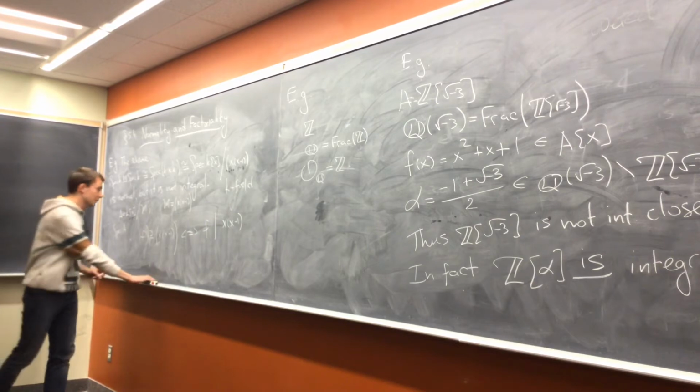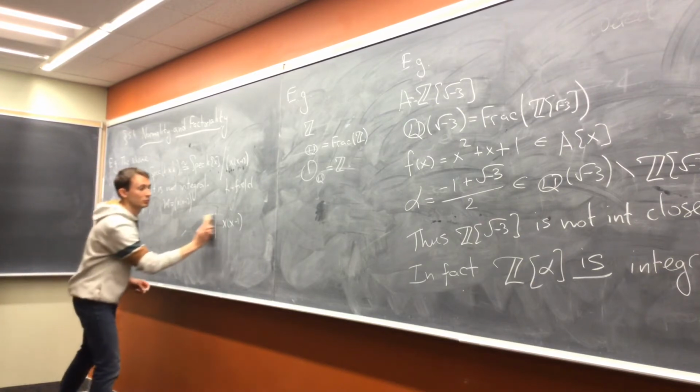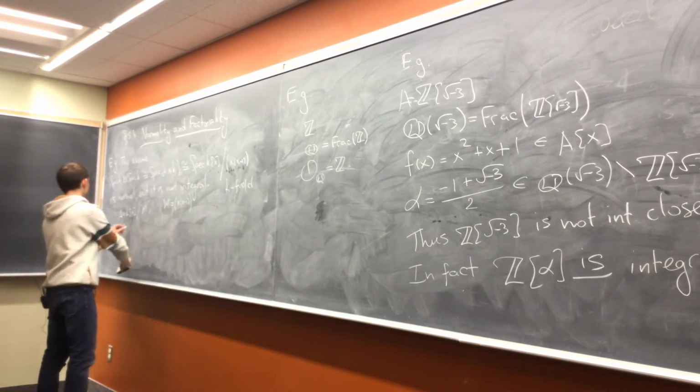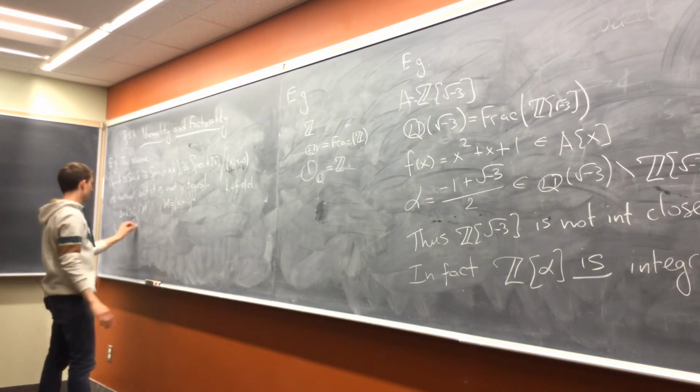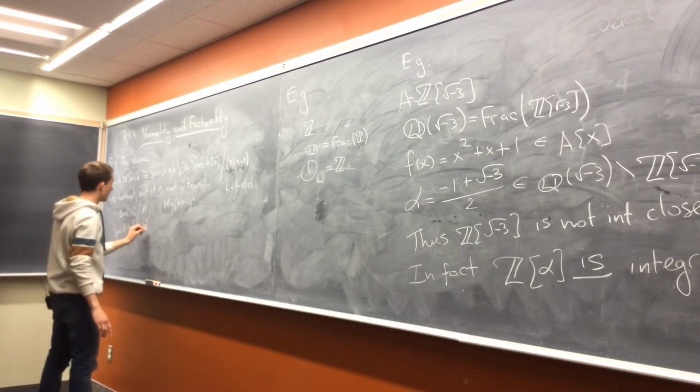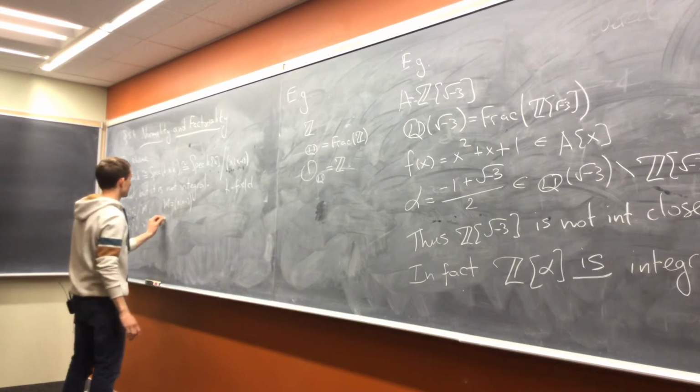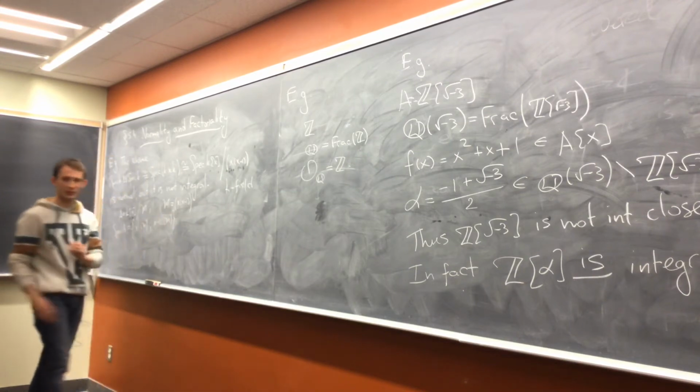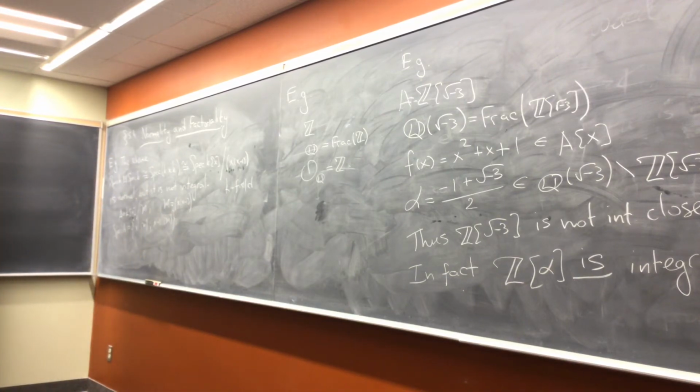So in other words, Spec A consists of two things: x mod M and x minus 1 mod M. So there are two prime ideals inside Spec A.